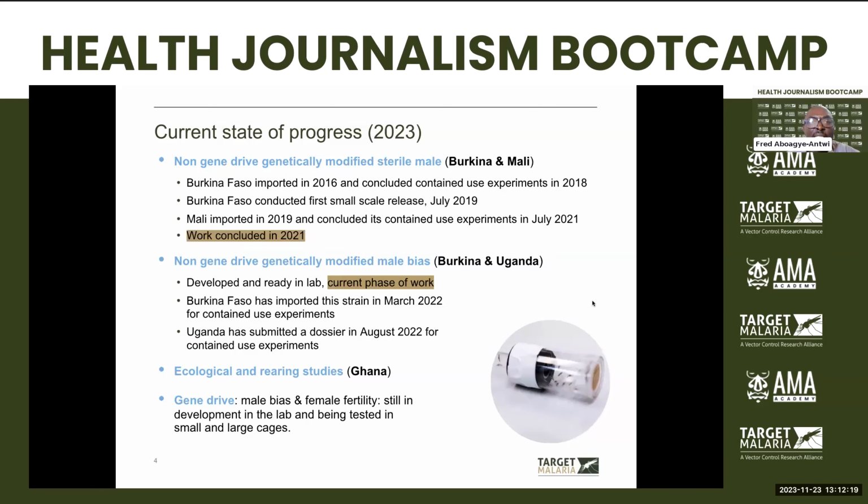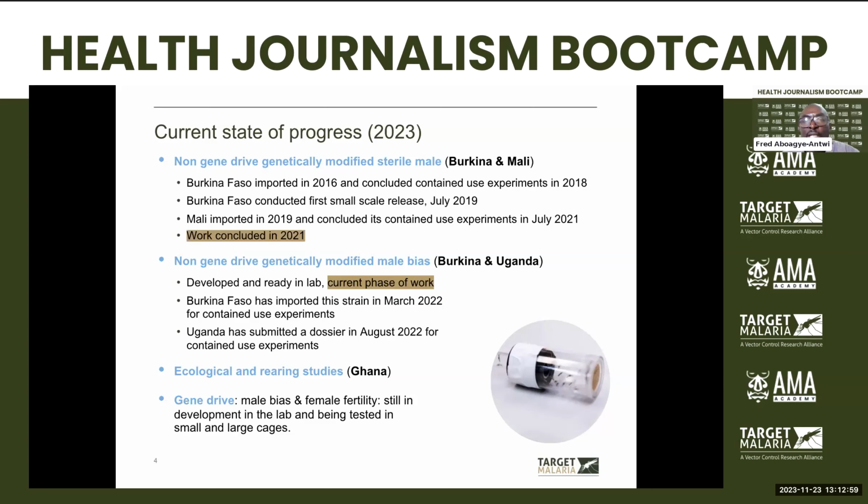Presently, the state of progress of the work of Target Malaria is such that if you take countries like Burkina Faso and Mali, in Burkina, non-gene drive modified sterile male mosquitoes were imported in 2016, and they were used for contained use experiments, which ended in July 2018.